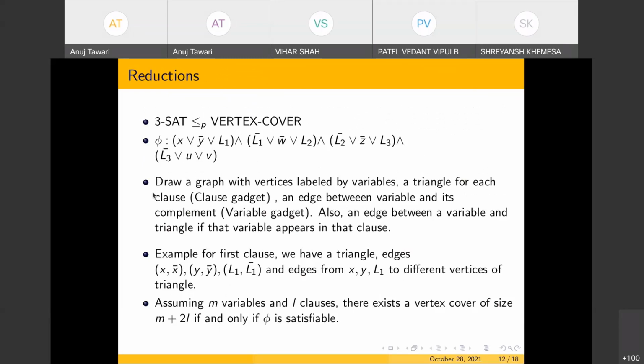So we have used two vertices in each clause gadget. So let me just go back. This clause gadget was this triangle, and the variable gadget was just this edge between a variable and its complement. So these are all part of the variable gadget. This triangle is part of a clause gadget.